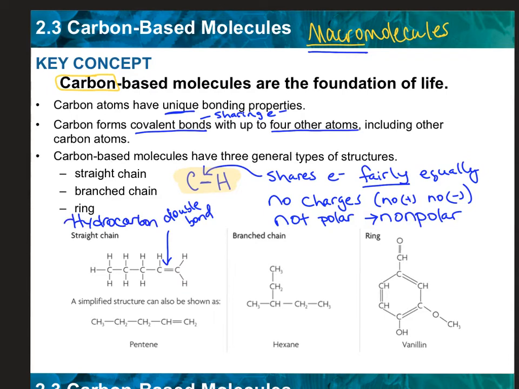A hydrocarbon has only carbon and only hydrogen. You can see clearly that all we have here are carbons and hydrogens. This is not a hydrocarbon because it has oxygen in it.